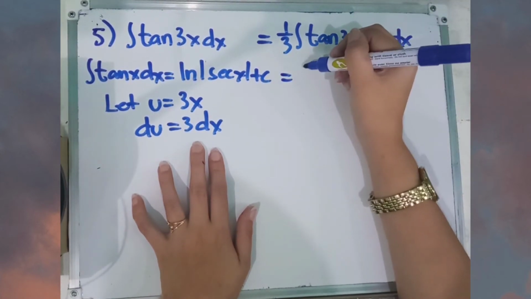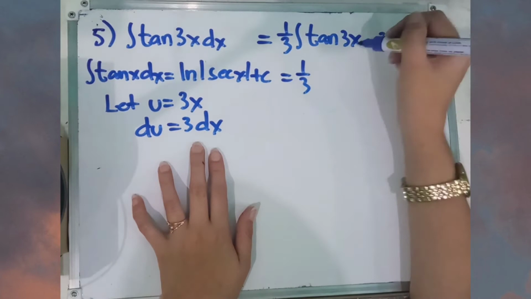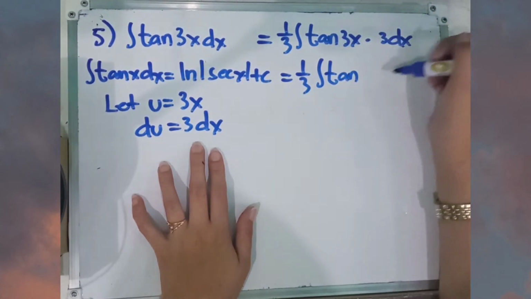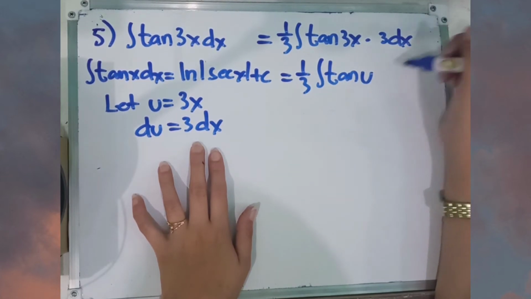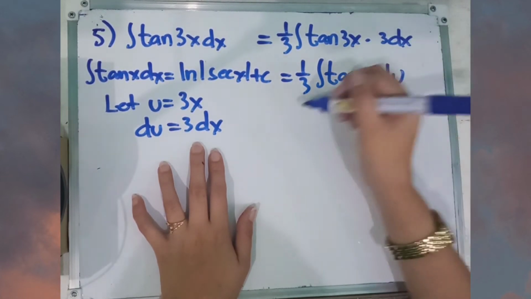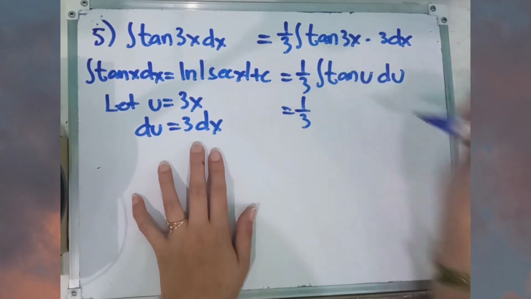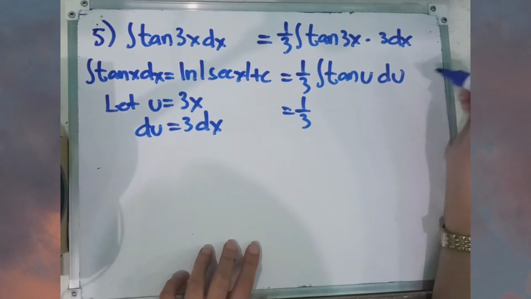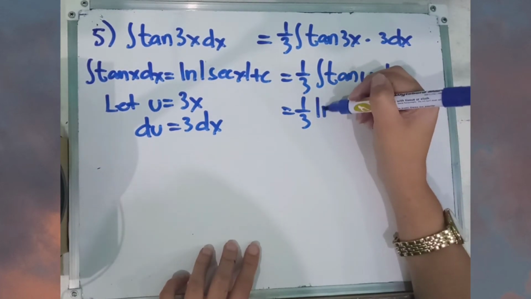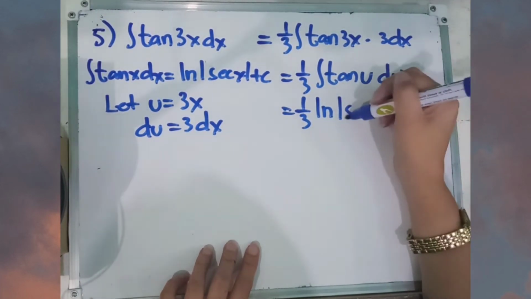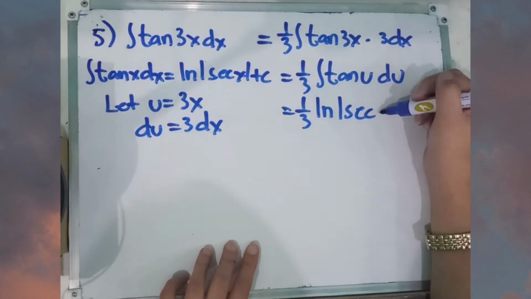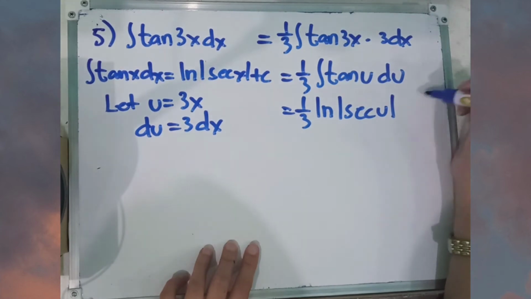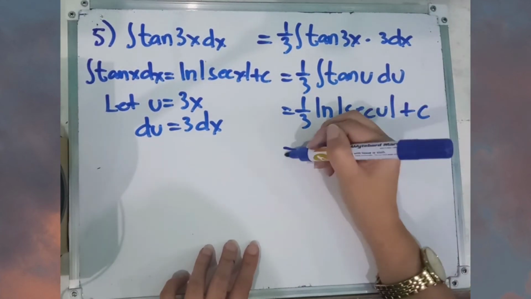So that is 1/3 the integral of tangent 3x, which is u, 3 dx is du. So that's 1/3 integral of tangent u du. Tangent x dx is equal to the natural logarithm of the absolute value of secant u plus c.